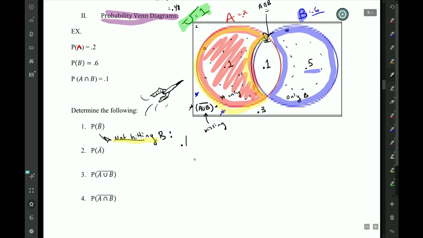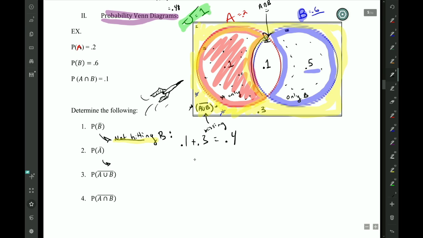But I could also miss the entire board and hit everything outside, which would be another 0.3. So the probability of completely missing B is 0.4. Just don't forget about the outside.